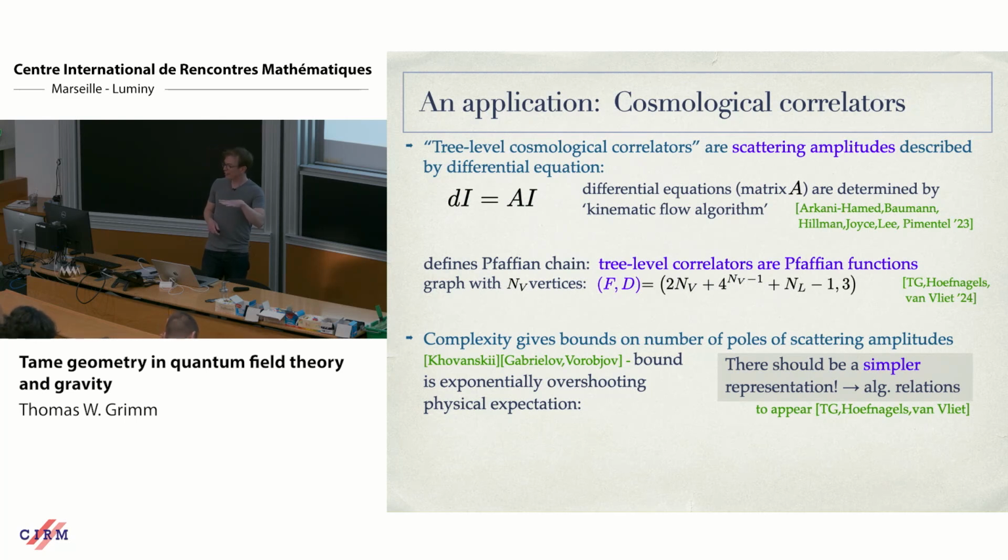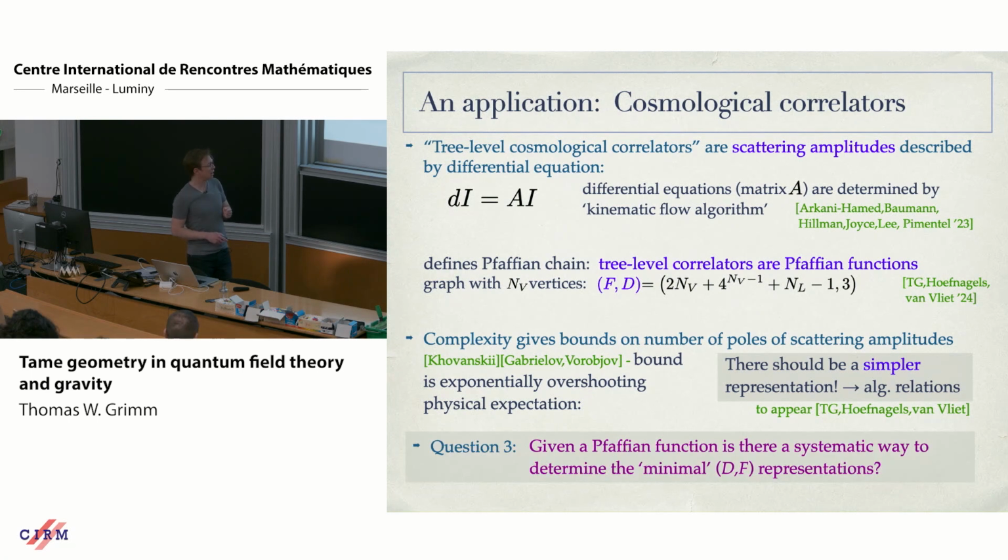So actually, this kind of logic is a very nice way of checking whether or not one has the best or a minimal representation of the functions, which gives you the best bounds on the number of zeros, if you have another reason to believe physically that there are so and so many poles. Now, my question to you is, given a Pfaffian function, is there a systematic way to determine the minimal D and F representation?